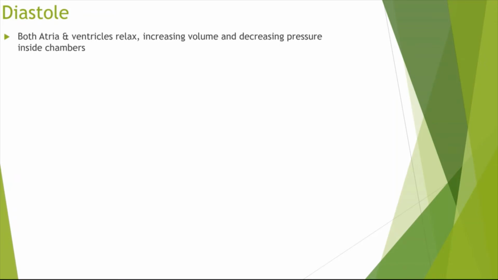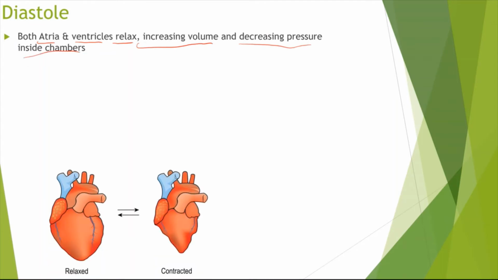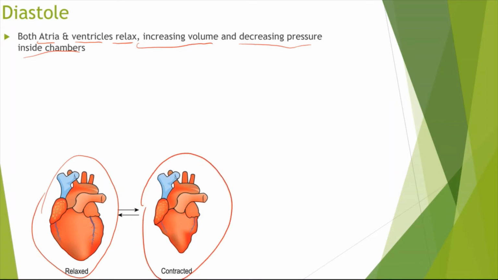You need to know that in diastole both the atria and the ventricles are relaxing. So this in turn increases the volume and decreases the pressure inside the chambers. Looking at a diagram, comparing the relaxed heart to the contracted heart, you can see that the relaxed heart has a bigger volume.